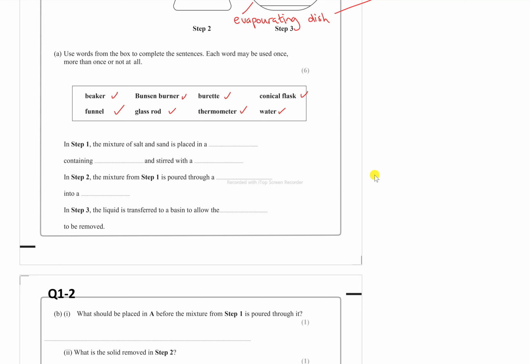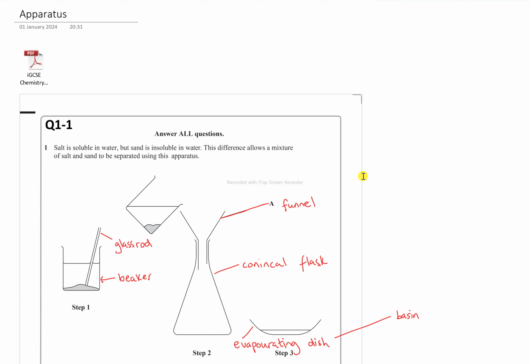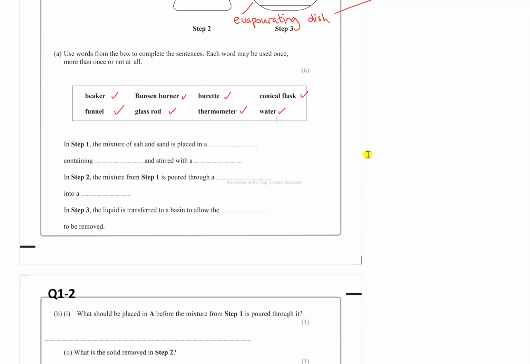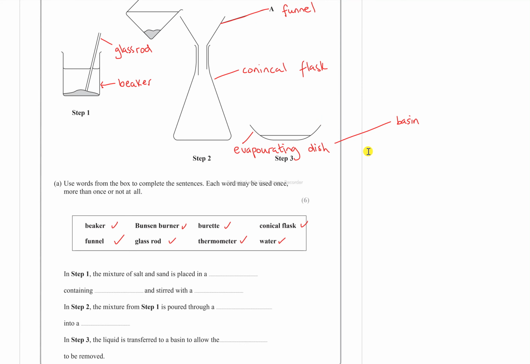In step 1, the mixture of the salt and sand is placed in a beaker containing water, that is this stuff here, and stirred with a glass rod.